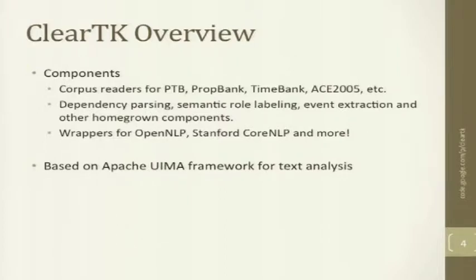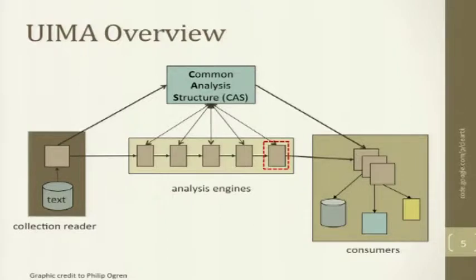Also, we include some homegrown components for tasks like tokenizing, part of speech tagging, dependency parsing, semantic role labeling, and extracting events, times, and temporal relations. And finally, we also wrap in some external components for NLP software packages like OpenNLP and Stanford CoreNLP, as well as some stemmers and parsers like the Berkeley parser.